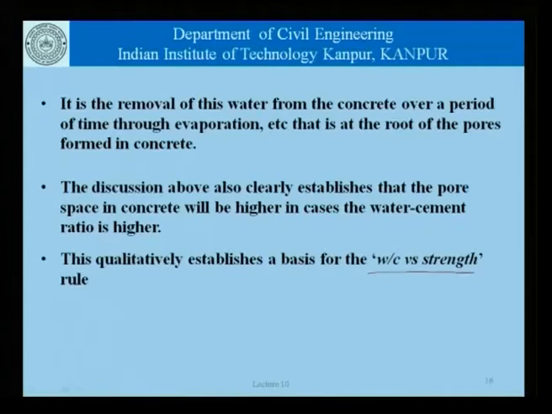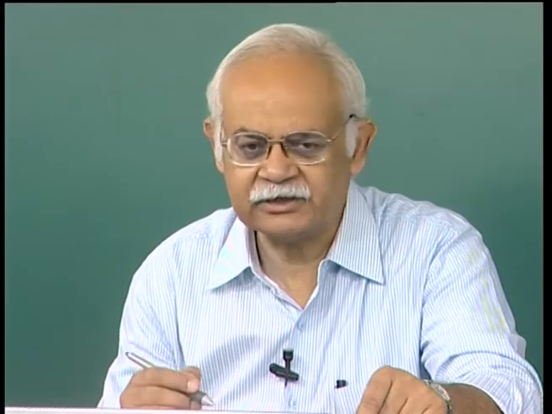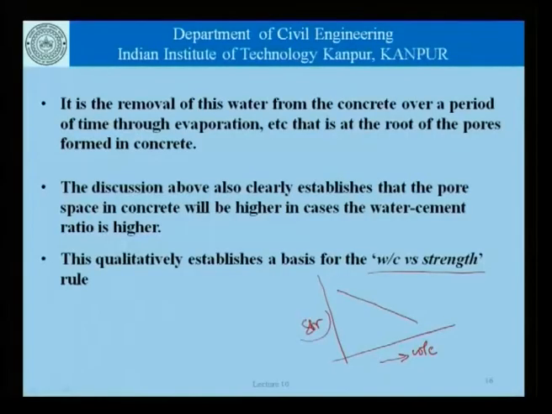What is the water cement ratio versus strength relationship? It says that if we increase the water cement ratio, the strength reduces. Whether it is linear or not is a different matter, but the strength goes down, and this strength is related to the pores.